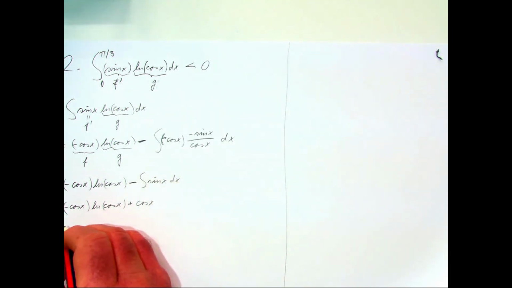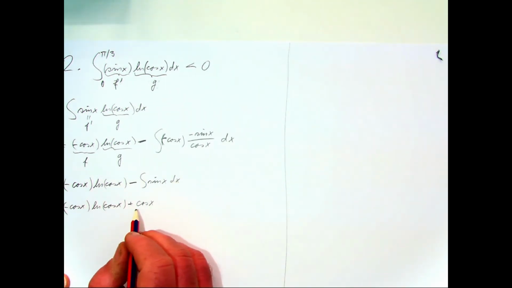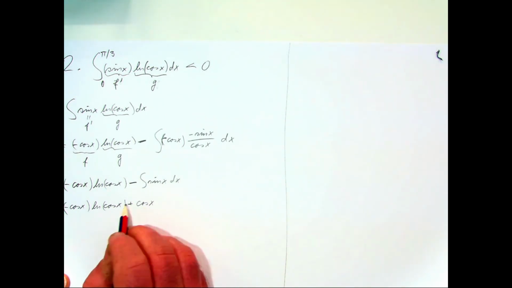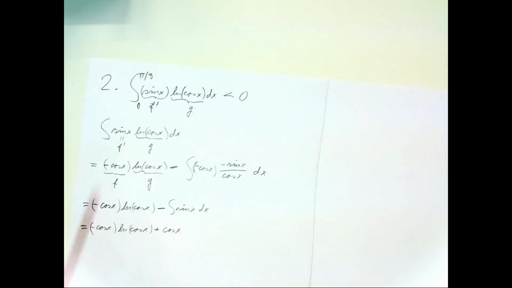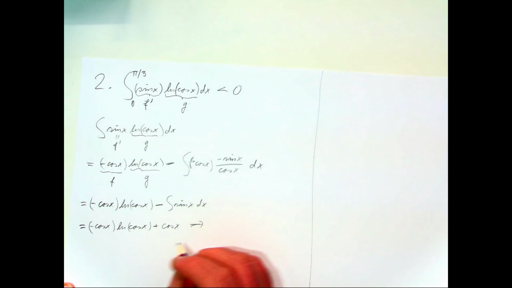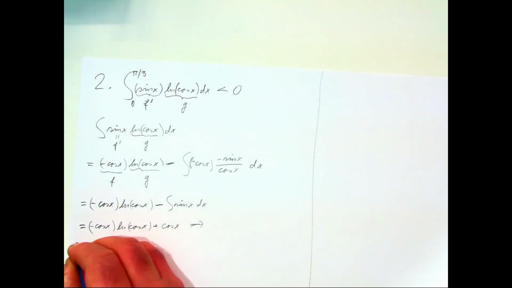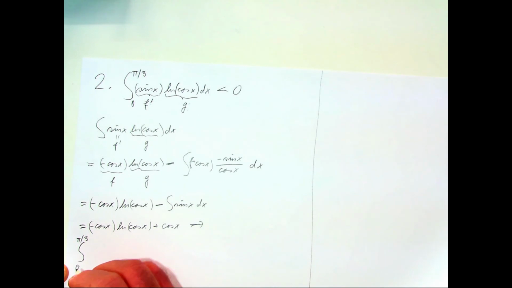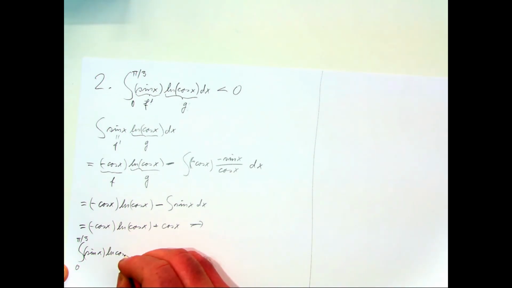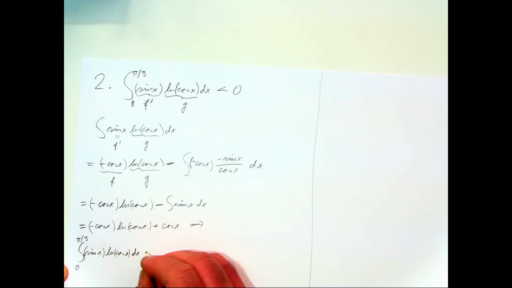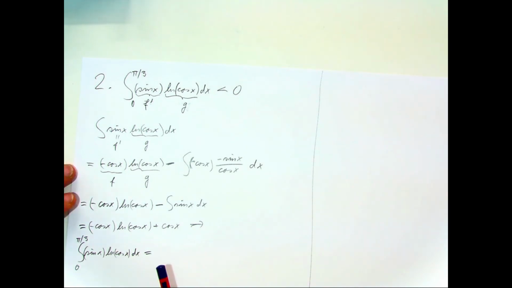I can write that a little more conveniently by taking the cos out, and we might as well go back to this problem where we have the definite integral. So it follows that this definite integral of sine x ln cos x dx is any antiderivative of that function, which we found here.